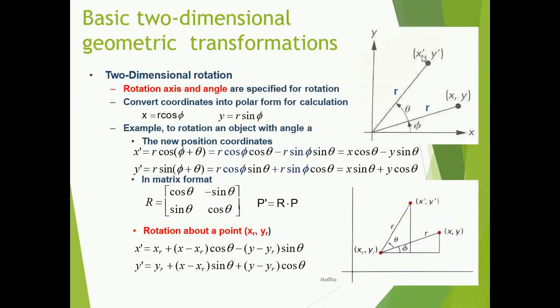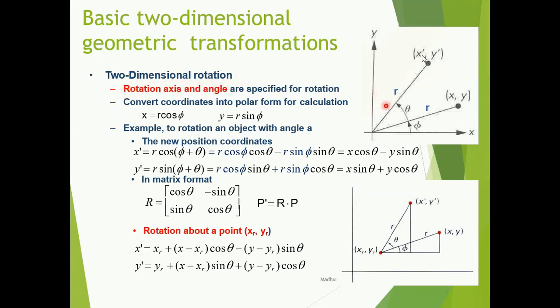Let us see the 2D rotation. So we have one more operation called 2D rotation in 2D geometric transformation. So let us see how it works. Whenever you want to specify the rotation, then you have to specify the rotation axis as well as the angle.